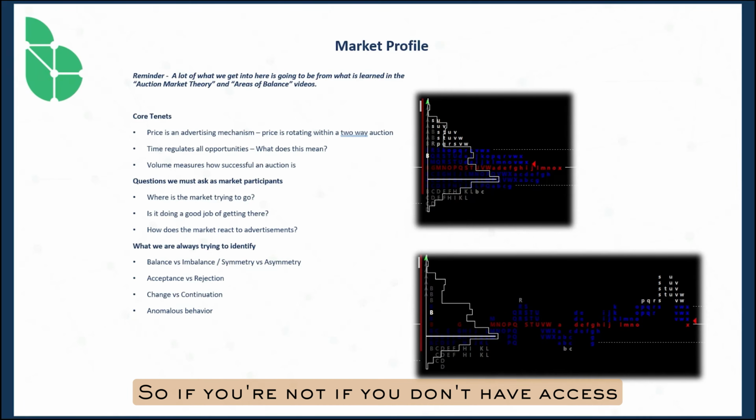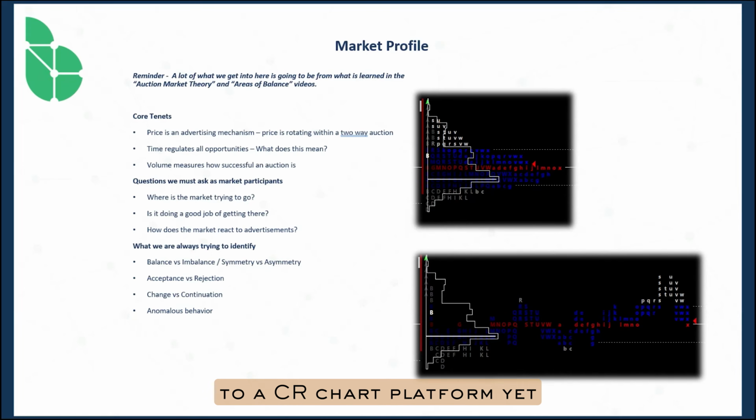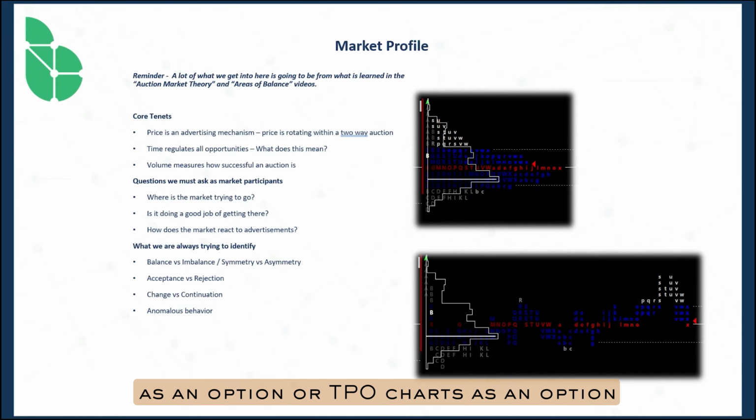So fear not if you don't have access to a Sierra Chart platform yet. I believe there will be plenty of other software coming out that has market profile or TPO charts as an option.